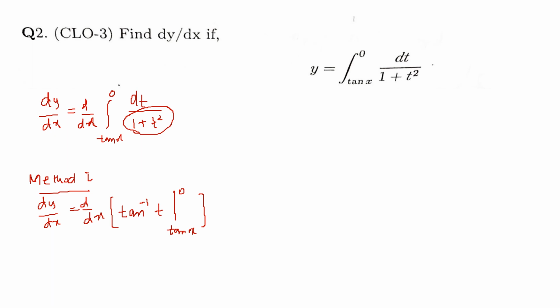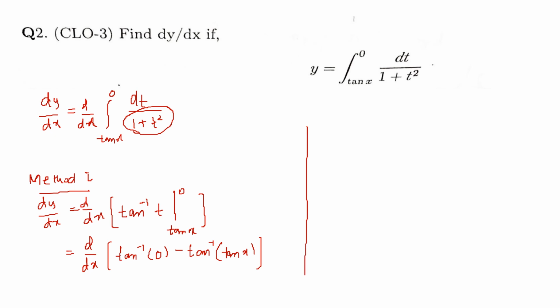Let's put the limits of integration in this term. This gives us d over dx, and the upper limit is 0, so this becomes tangent inverse of 0 minus lower limit is tangent of x, which gives us tangent inverse of tangent of x. So dy over dx equals to d over dx.